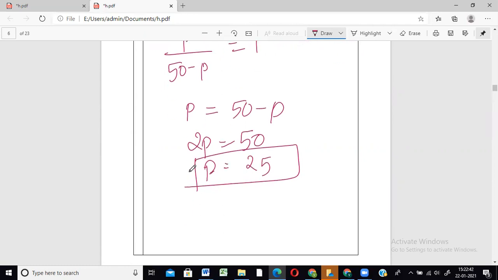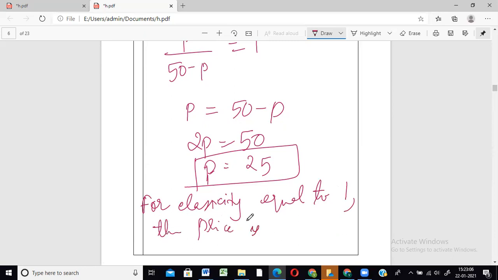So hence elasticity equal to 1 will happen only when the price is 25 per unit, okay, because there also they had given the price with respect to units only, correct? So you have to write the last statement like that. For elasticity equal to 1, the price should be 25 per unit.